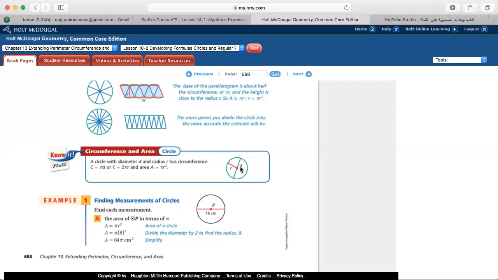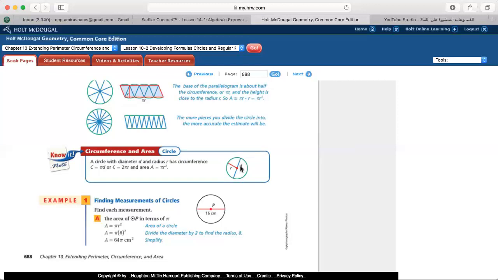So I can replace 2r and put d, or remove d and put 2r according to what is given to you. If d is given, use the formula that has d. If r is given, use the formula that has r.